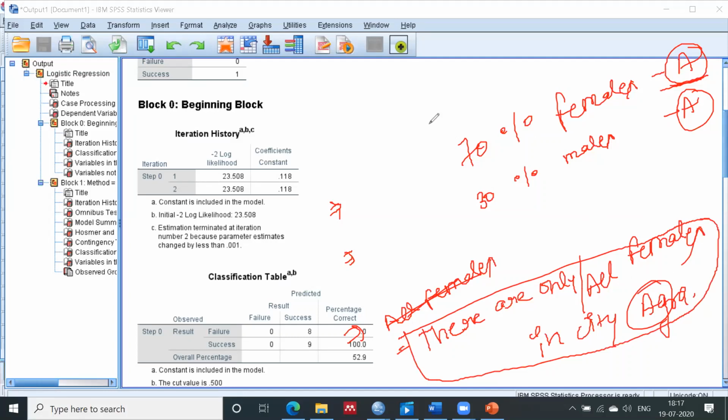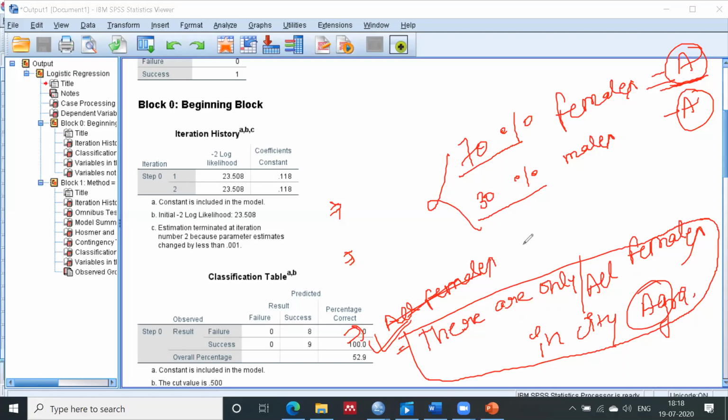But the theory says there are only 70% females and 30% males. Now, if I ask you how much percentage I am correct with this particular statement, theory says 70% females are there, and I am saying there are only females in the city.